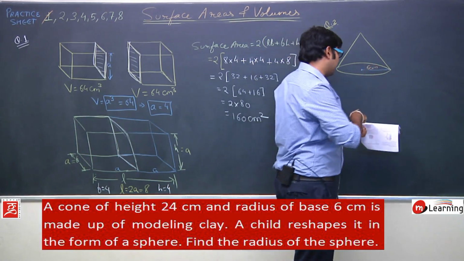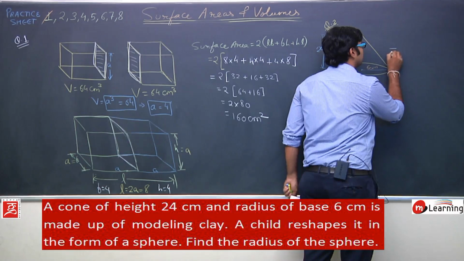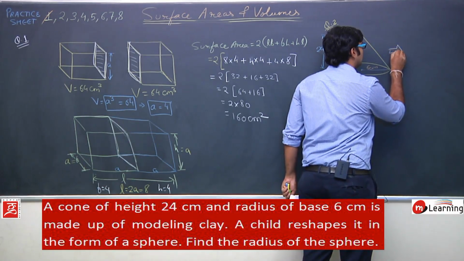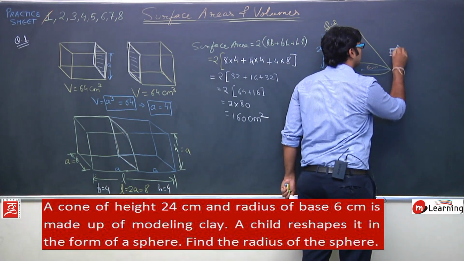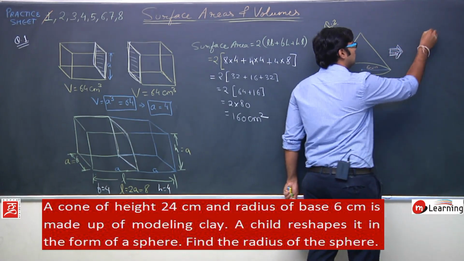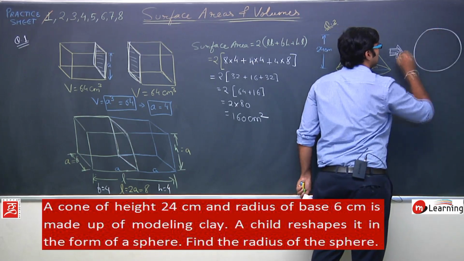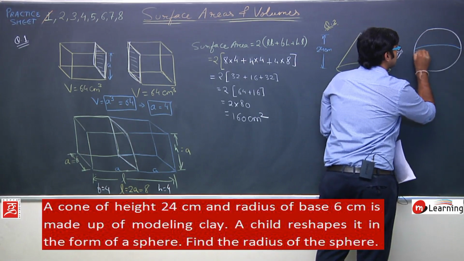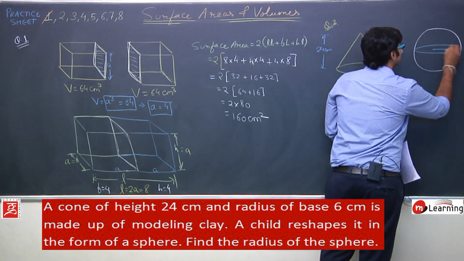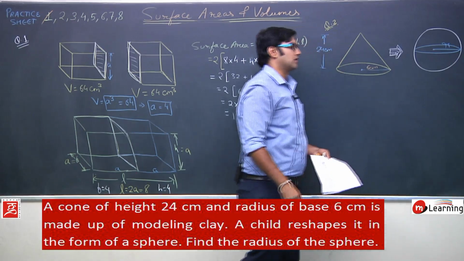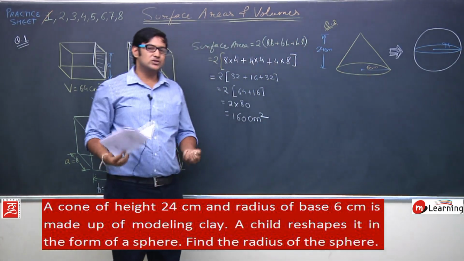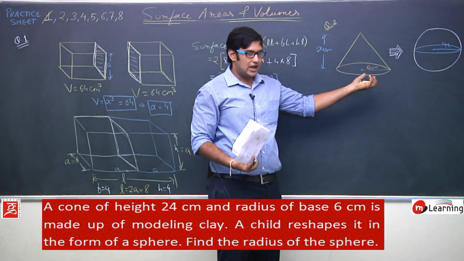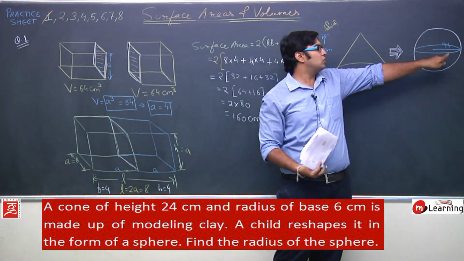And I have converted this cone into a sphere, and my task is to calculate the radius of this sphere. Let us say the radius is r. I have used the clay to make this cone of height 24 and base radius 6, and then I have reshaped the same clay into a sphere.